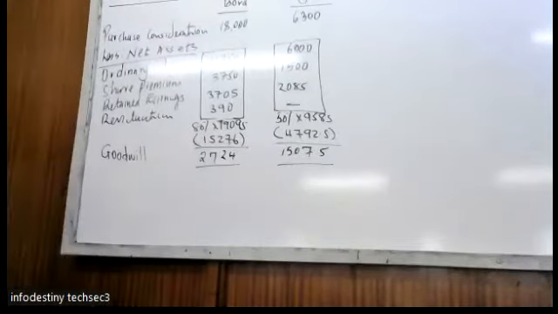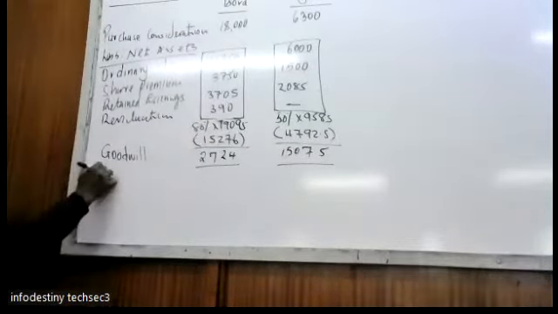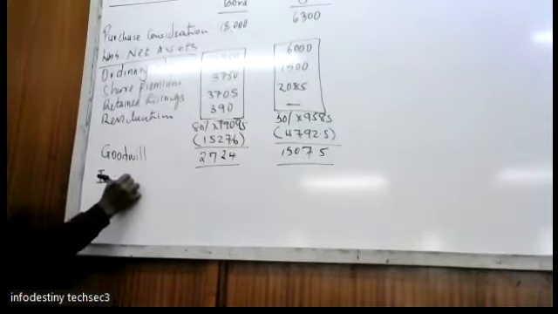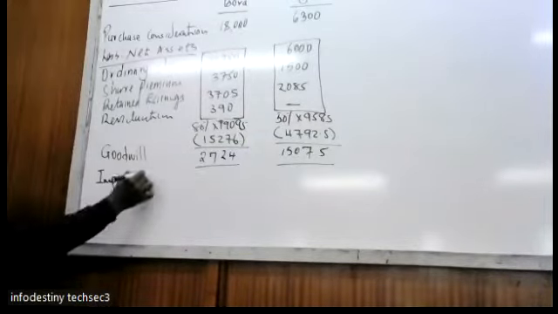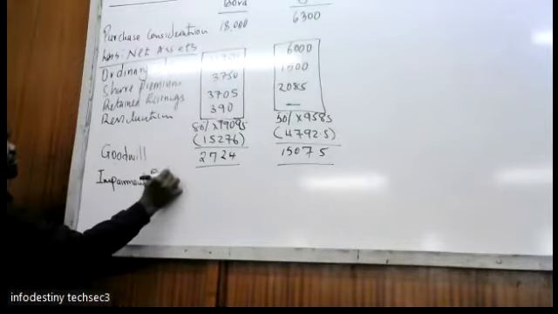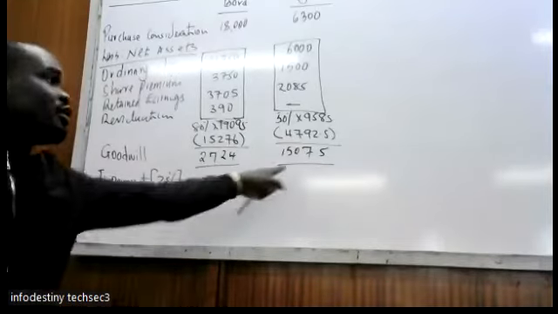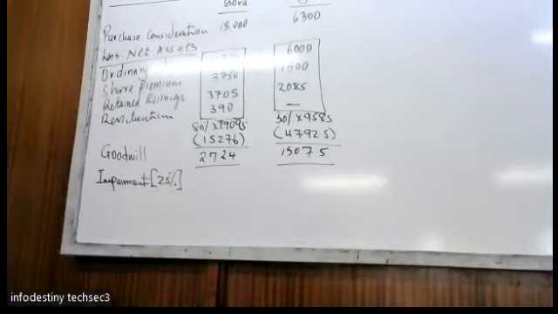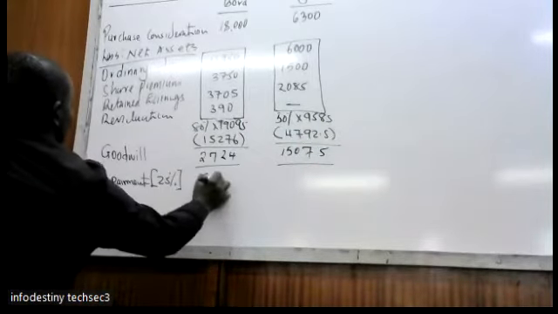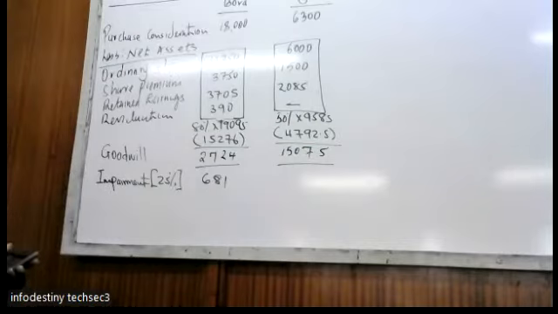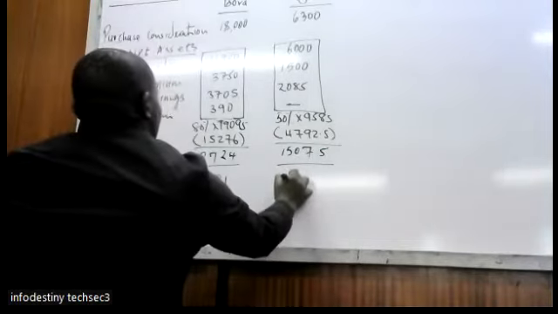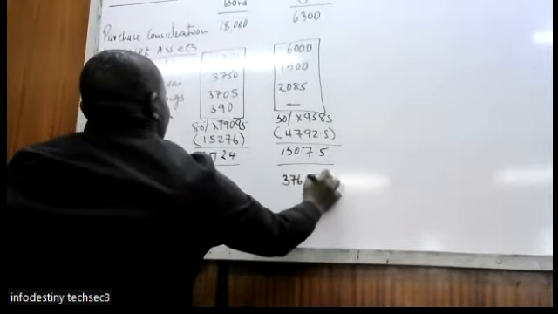So no problem. There was impairment. They said impairment was what percentage? 25%. So can you calculate 25 of this, 25 of that? So 0.25 by 27.24, 681. 25, 15,075, 376.875.